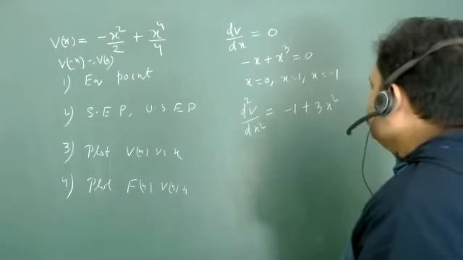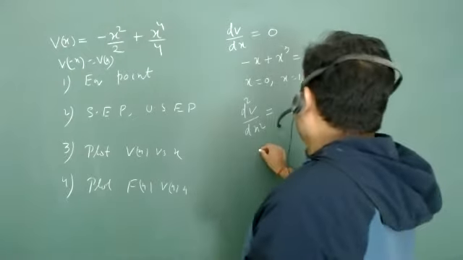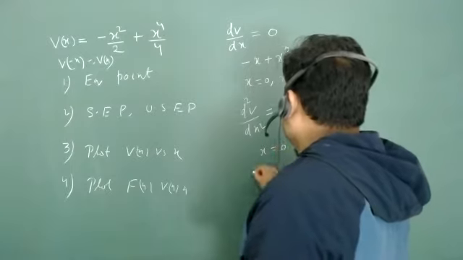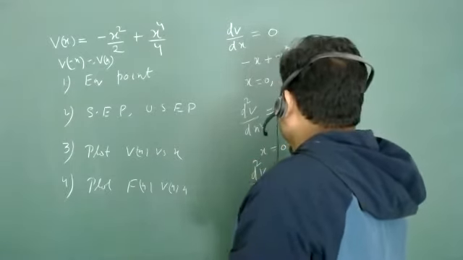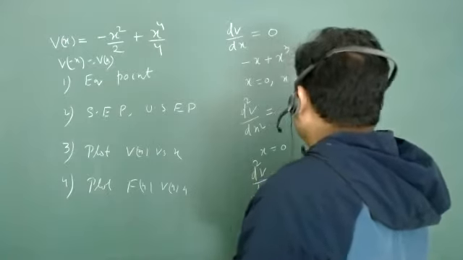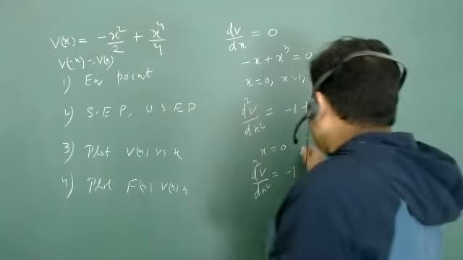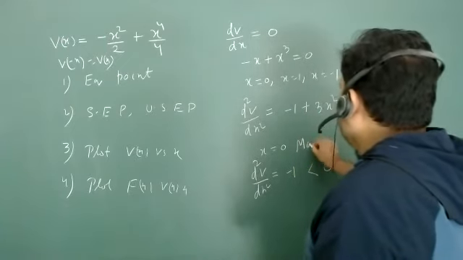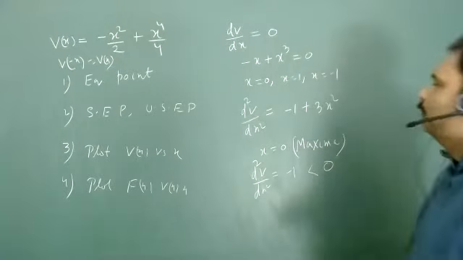At x equal to 0, d square V upon dx square is equal to minus 1. So this is less than 0. So what will this be? x equal to 0 is a maxima. Very good.